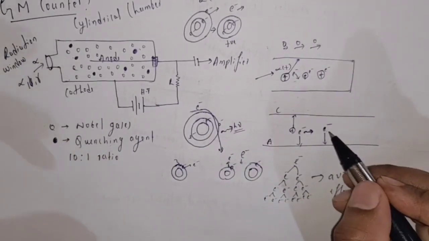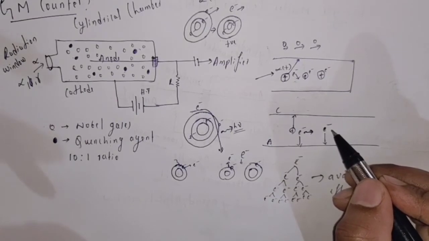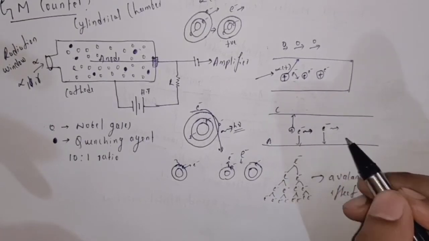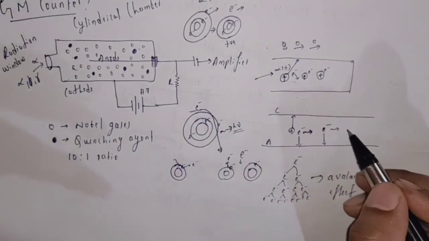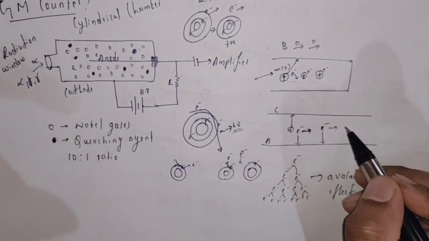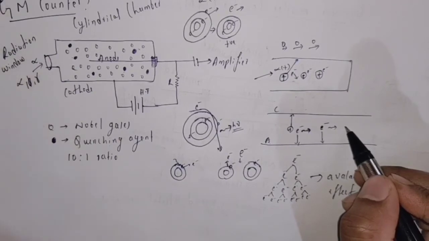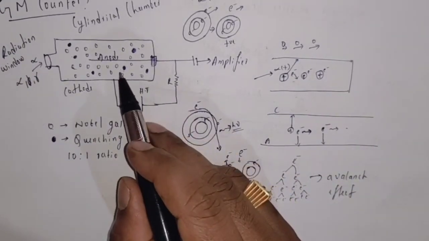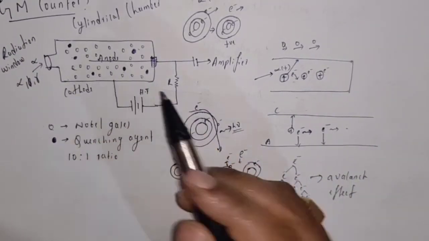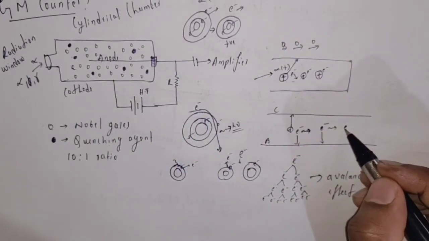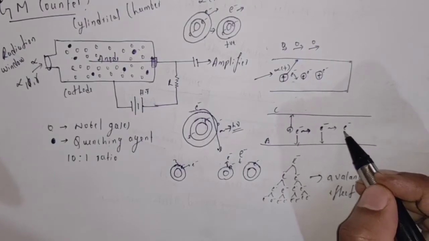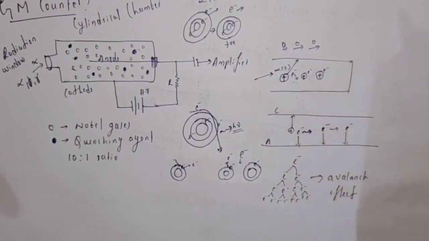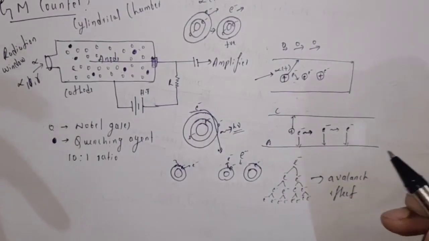And while moving, it also emits a photon due to the Bremsstrahlung effect, and this emitted photon again interacts with one of the atoms present in the cylindrical chamber, and again it emits an electron from the neutral atoms, which moves towards the anode and creates the avalanche effect.